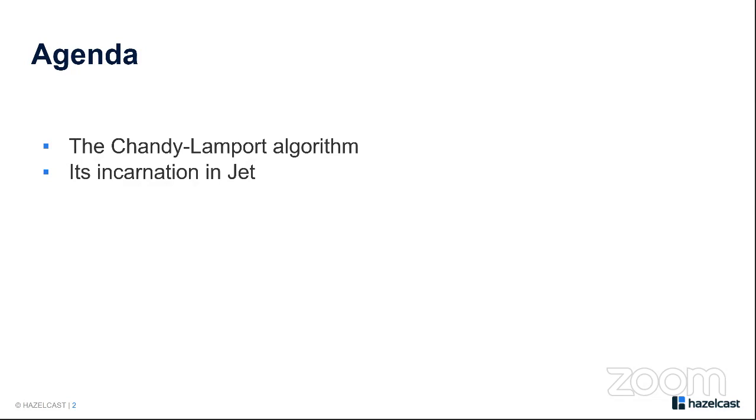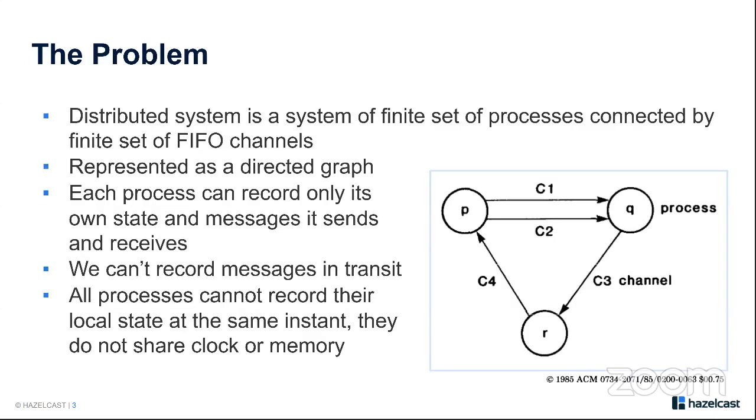It's just theoretical about the algorithm. As you may know, it's used for snapshotting the state of distributed systems. And then in the second part, I will say how we amended the algorithm in Jet to fit our needs. So let's start. It will be quite theoretical, but I hope that people will enjoy it.